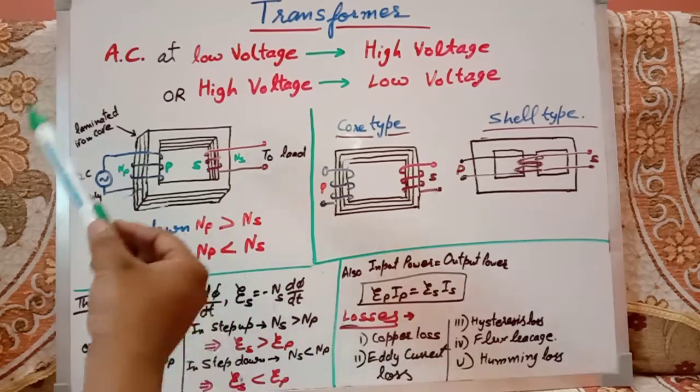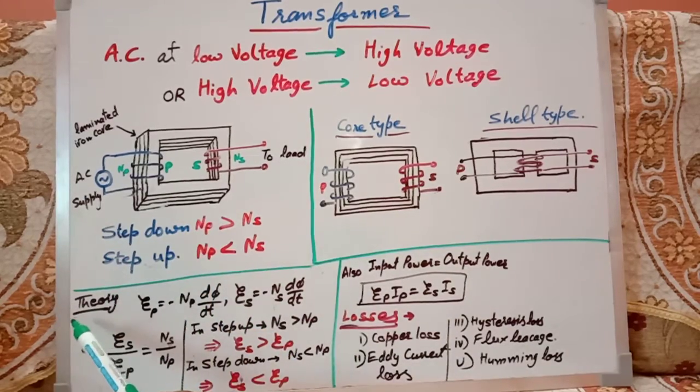Now according to Faraday's law, the induced EMF in the primary coil is EP = NP dφ/dt, and in the secondary coil it is ES = NS dφ/dt. By dividing these two we get ES/EP = NS/NP.